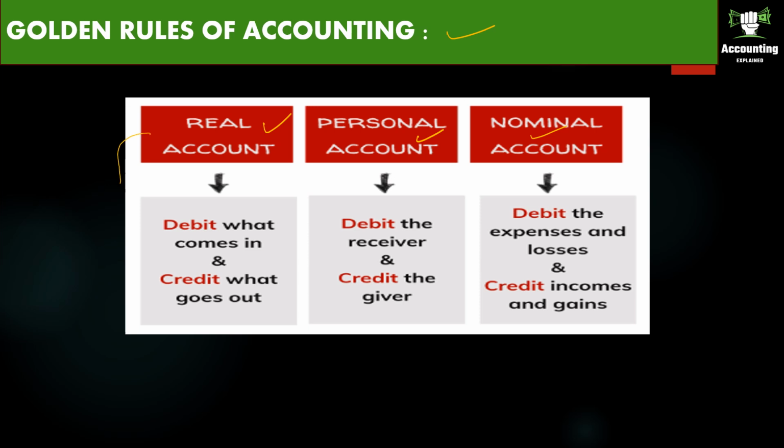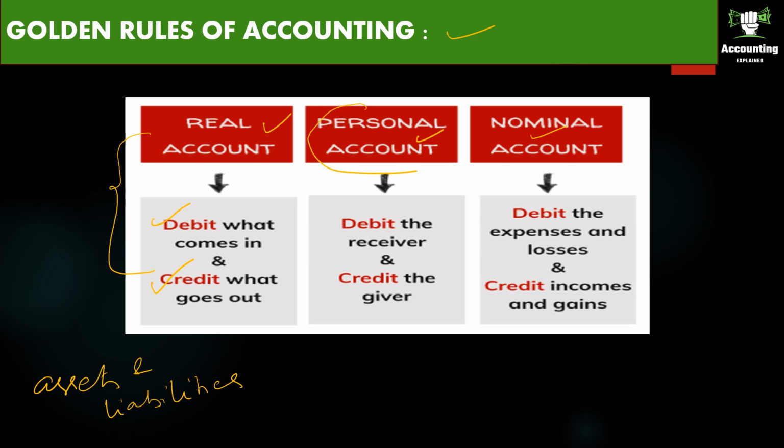Under real accounts, what we have to do is debit what comes in and credit what goes out. Okay, now the question arises, what is a real account? A real account is an account that relates to assets and liabilities.